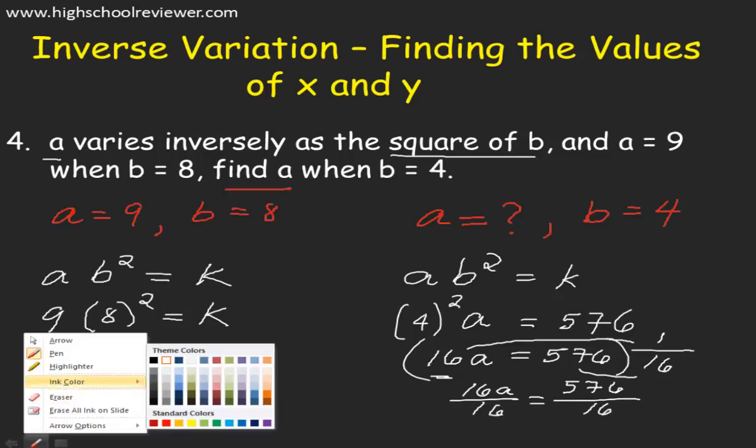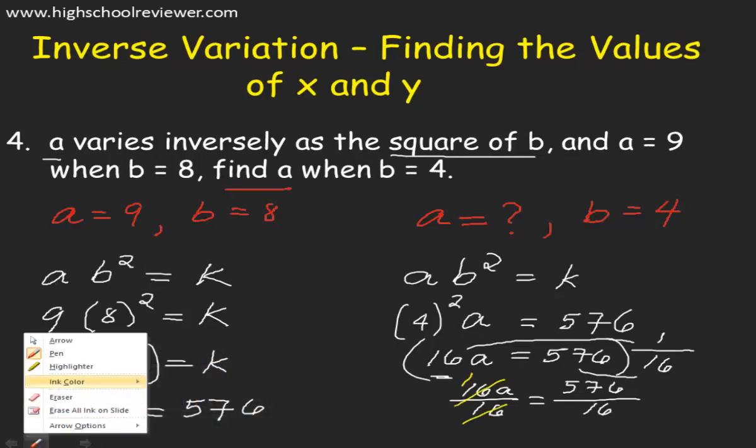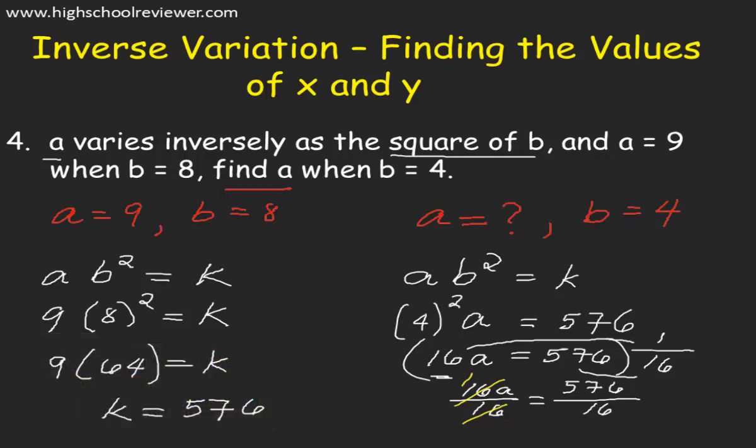So 16 divided by 16 will be equal to 1. So 1 times a is a. So this will be a equals 576 divided by 16. That will give us positive 36. So our a here is equal to positive 36 when b is equal to 4.